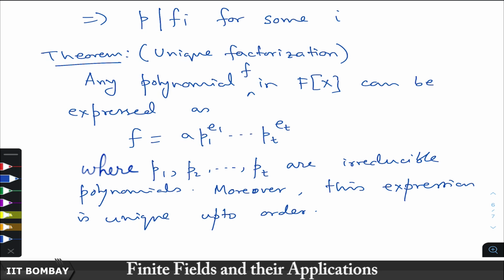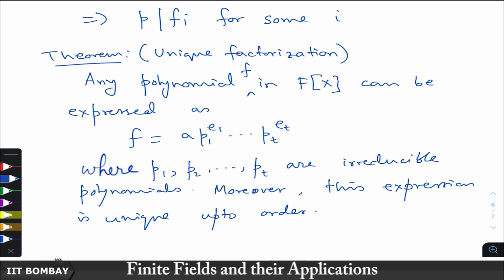We will not discuss the proof in detail here, but it is quite a simple argument. First of all, the fact that any polynomial can be expressed in this form can be argued simply by factoring again and again till you get every factor as irreducible.